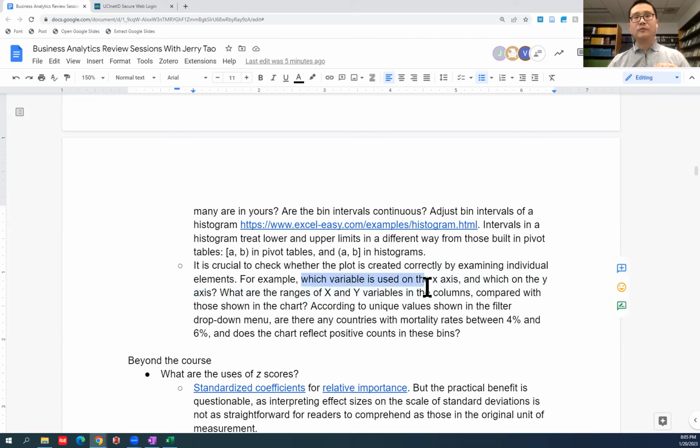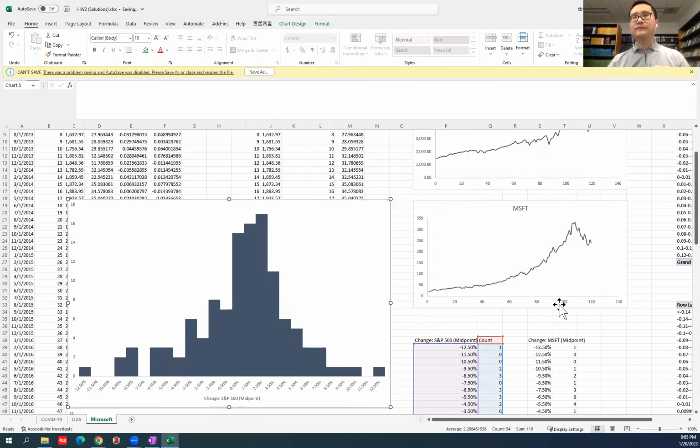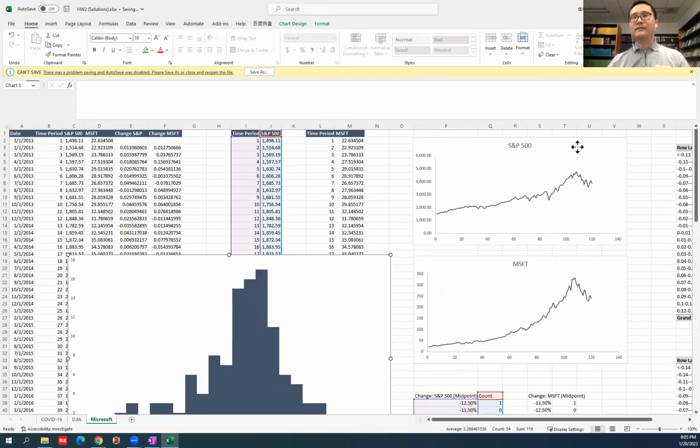So always check which variable is used on the horizontal and the vertical axis. For example, when building a line chart, read what the horizontal and vertical axis represent. When you click a chart, usually the columns from which a chart is built are highlighted. So make sure they point to the right columns as desired.